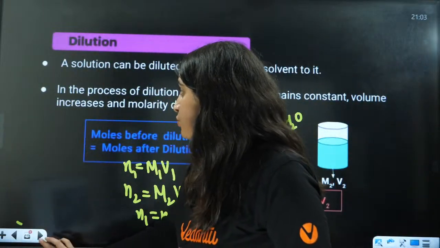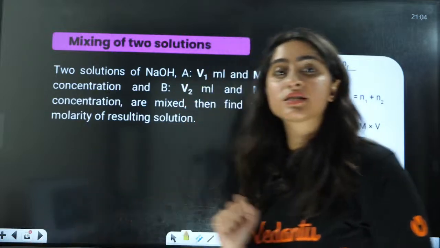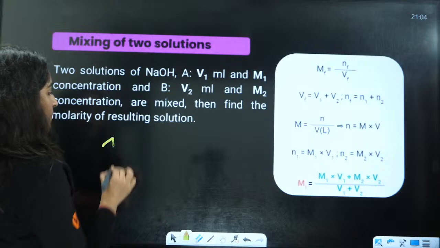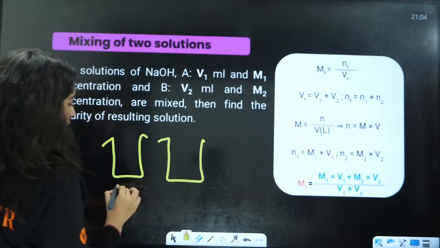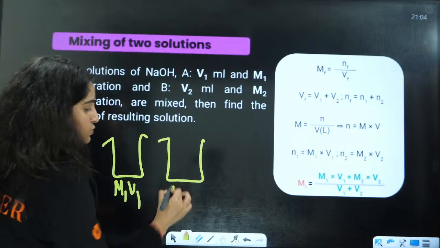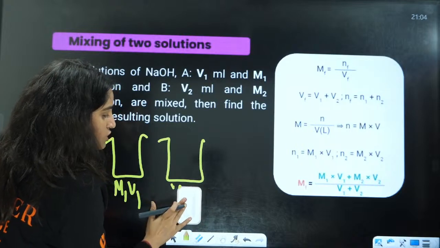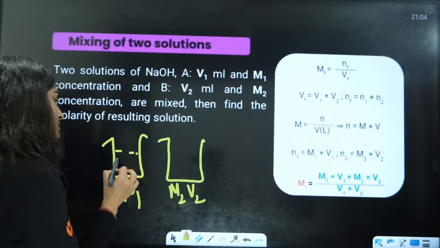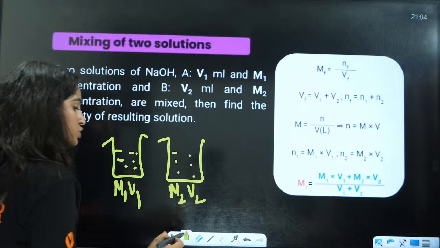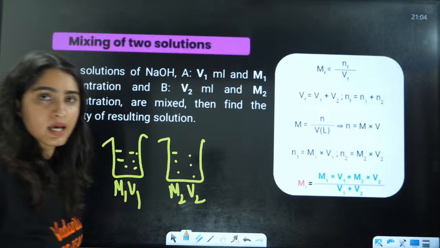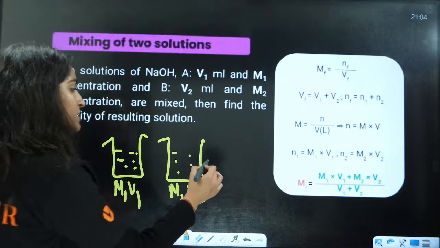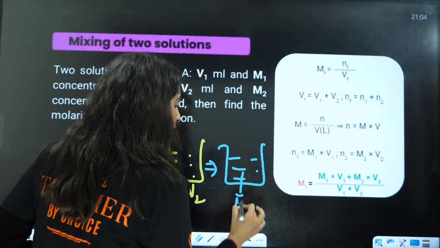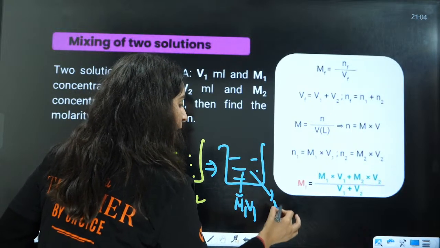Next we have mixing of solutions. Now I have one beaker and the other beaker. I am mixing them. This is the first beaker with molarity M1 and volume V1, and this is the second beaker with molarity M2 and volume V2. If I am mixing these two, the total mixture has M1 V1 as well as M2 V2.